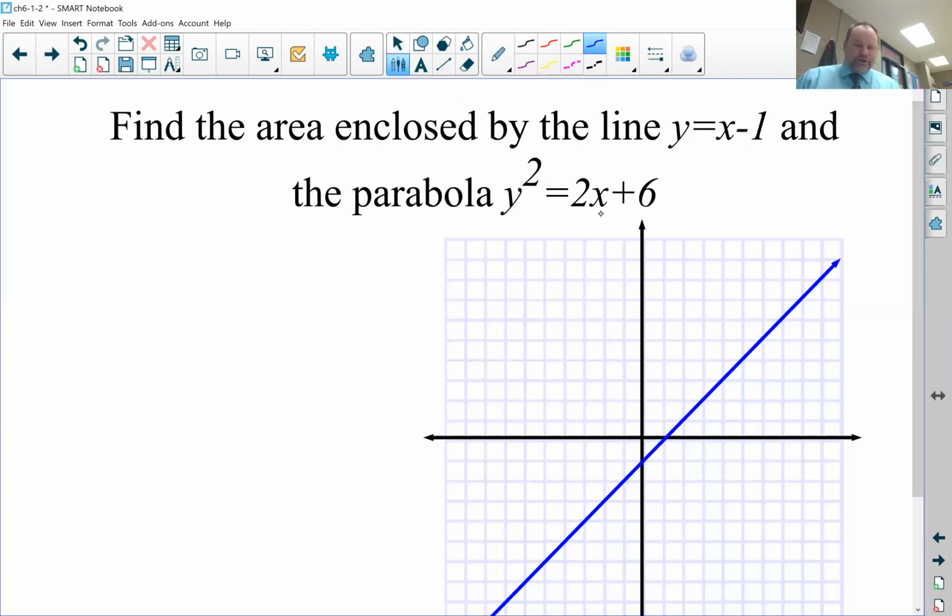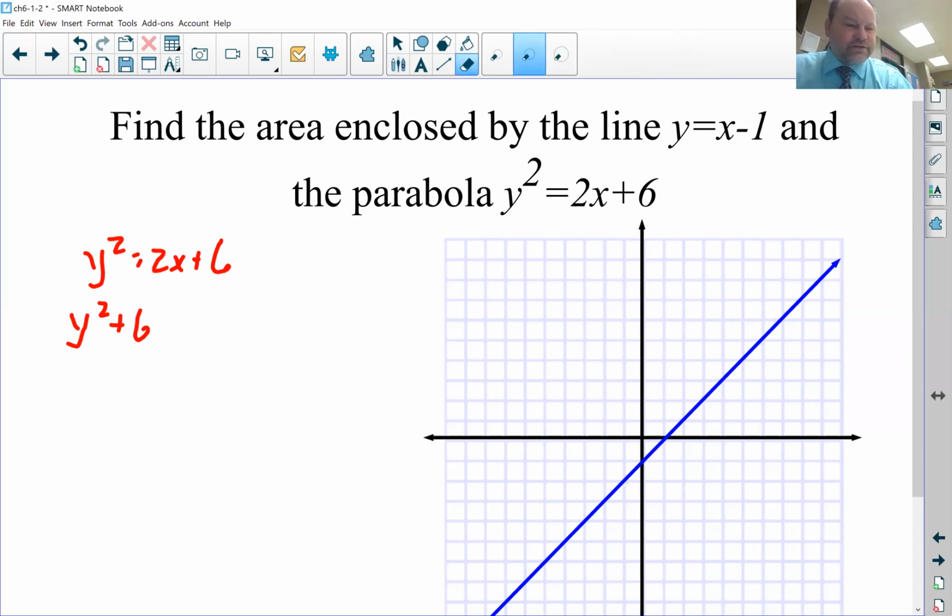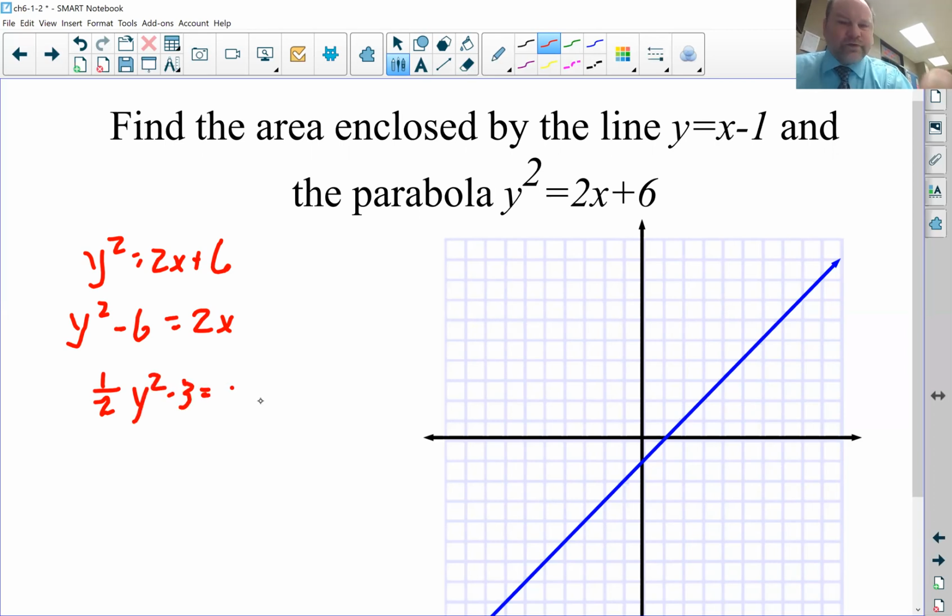For this second equation, this is one where, again, solving for x might be helpful. So if I subtract 6 from both sides and divide by 2, there we go.